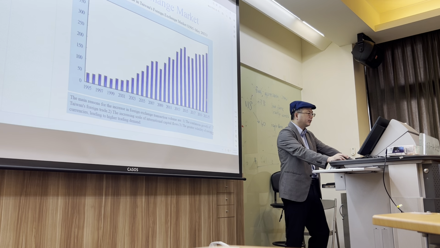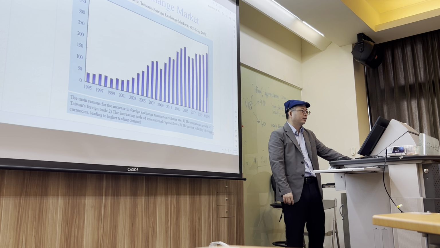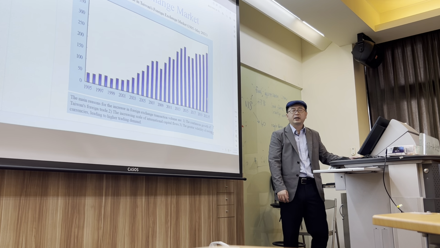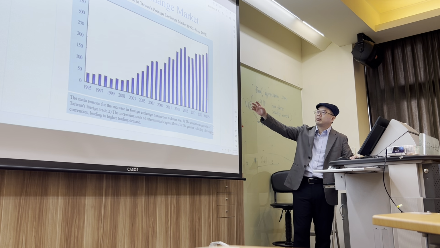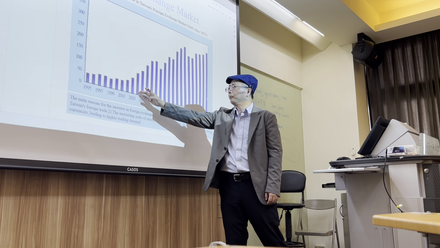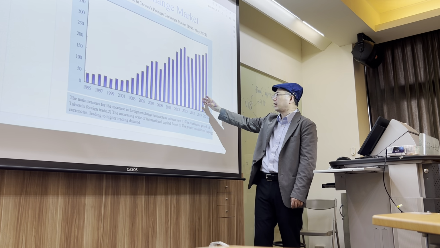Other than that, I think I have shown you the graph of the trade volume for Taiwan from 1995 to 2021, right? As we mentioned, Taiwan is an export-oriented economy. So you can see Taiwan keeps pumping up the trading volumes. It's higher and higher.